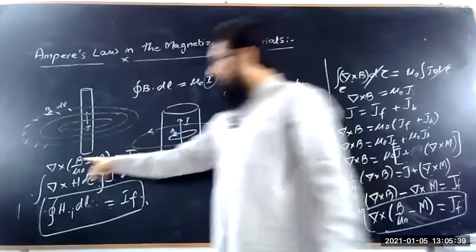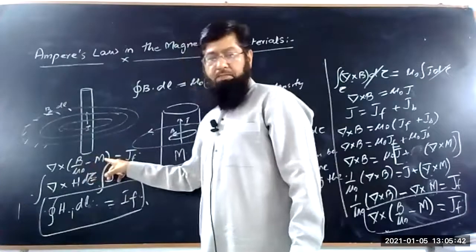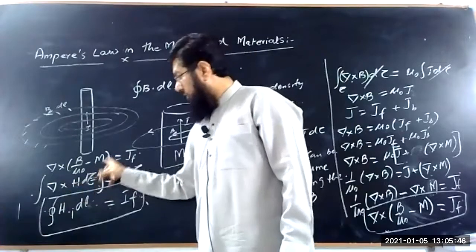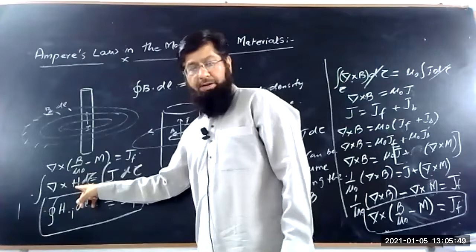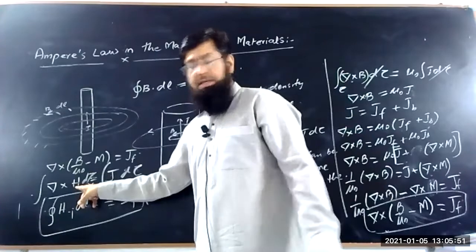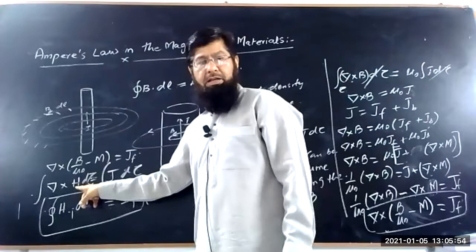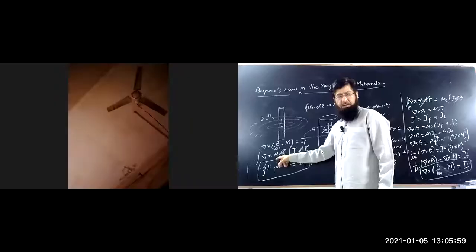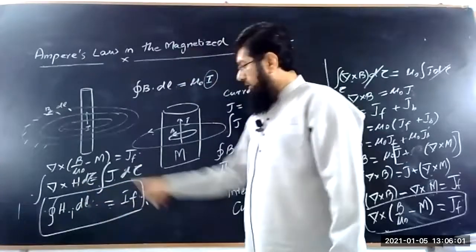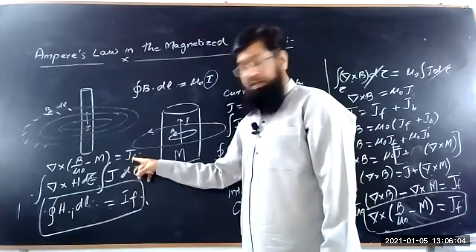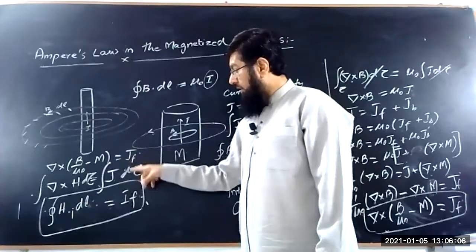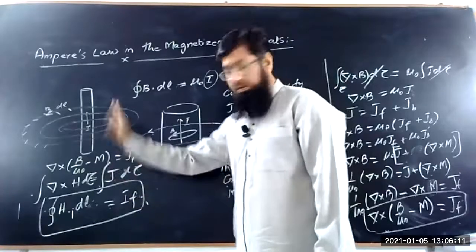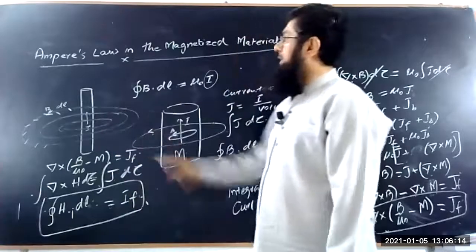Here this is curl of (B upon mu naught minus M), where M is the magnetization. Curl of H is equal to J_F, so this quantity is defined as H. Clear? Like in the dielectric material where D is introduced, here it is H. It is exactly analogous. So J_F, the current density, is converted into the current by omitting the volumes. So this is Ampere's law.